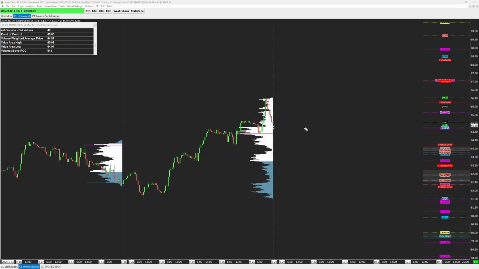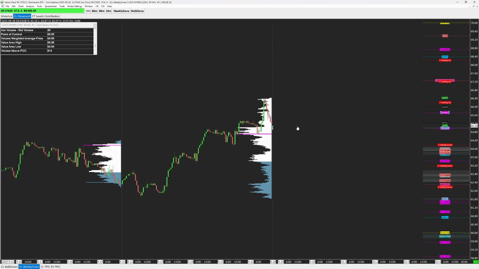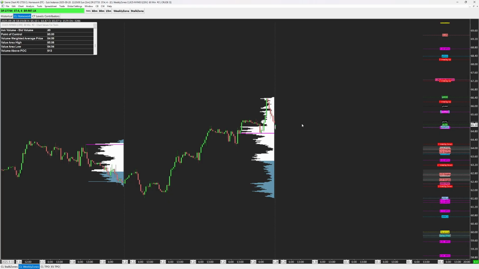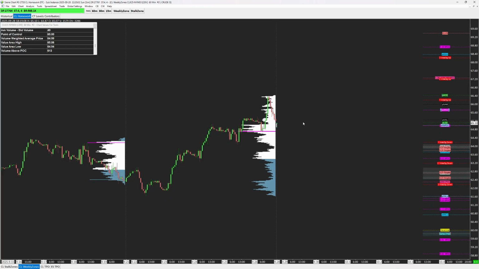Like you could take the ball all the way down to the goal line, so in this case the buyers could take the ball all the way up to the high, and that's their goal line. Their goal line to get some sort of win is to make a new high because that's really good psychologically. That's exceptional, and shorts are probably going to be shit out of luck, and they're probably going to run for the hills. But if they can't do that, then they have to go to the other side.